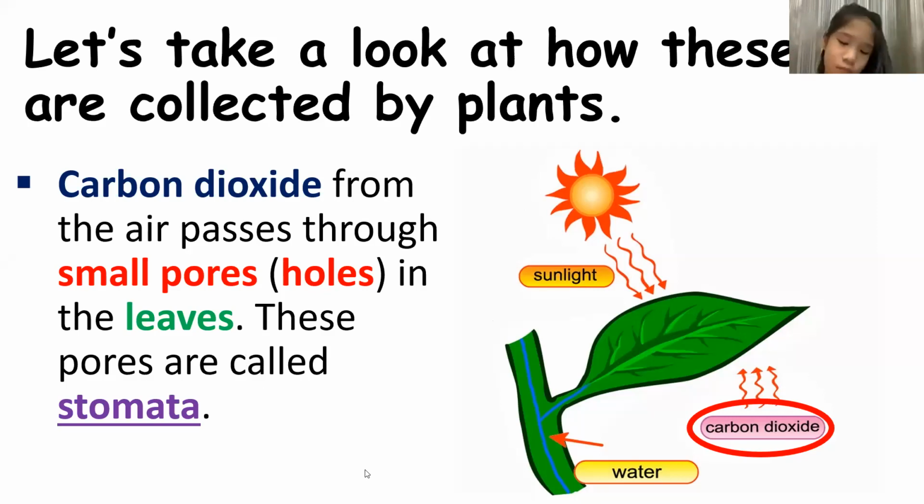These pores are called stomata. Okay, the carbon dioxide will be absorbed through the small holes in the leaves, the stomata.